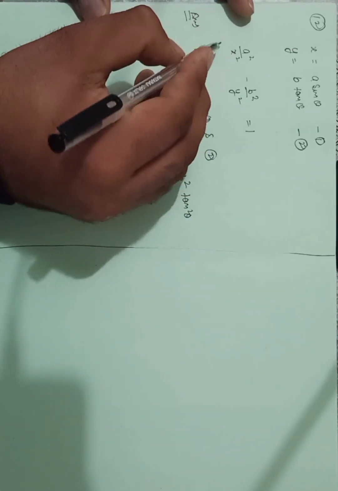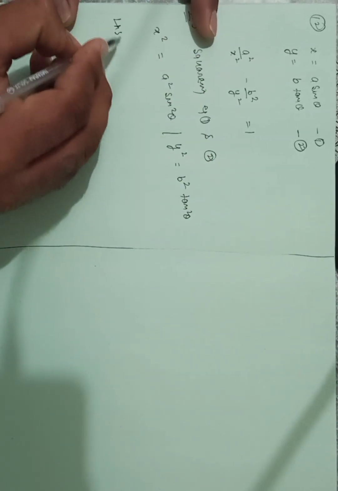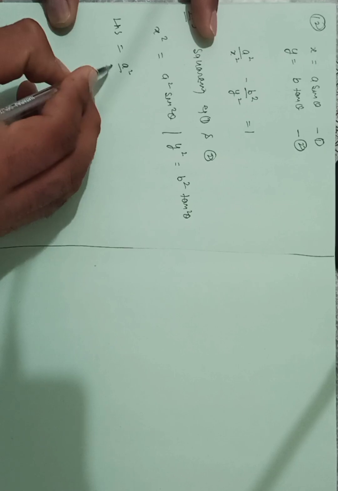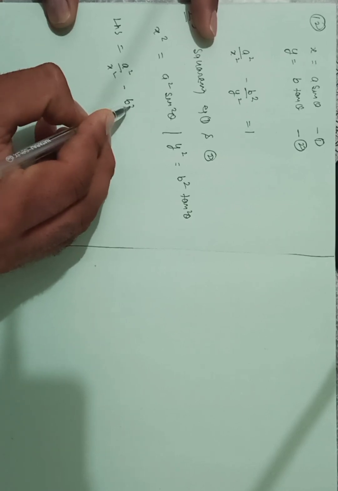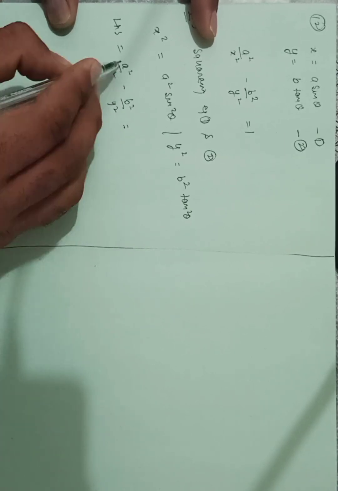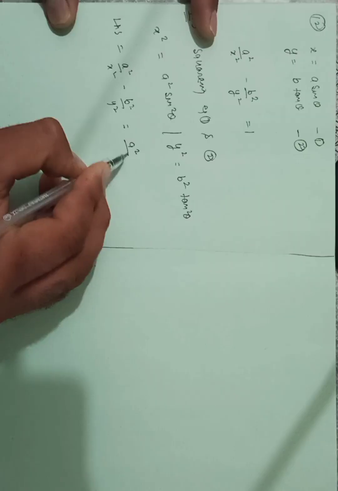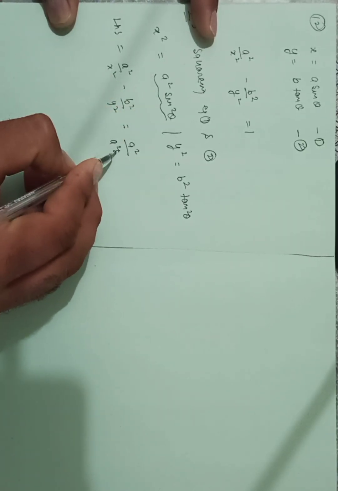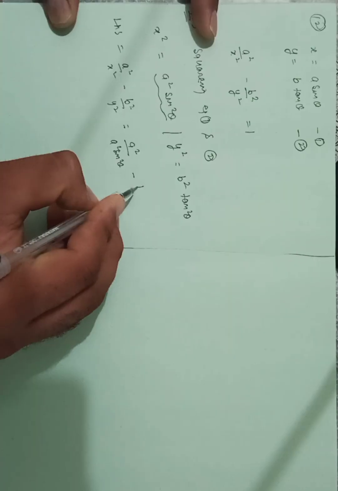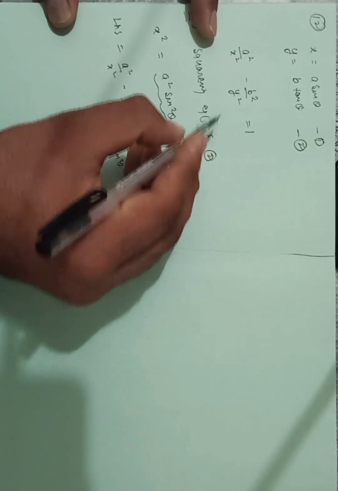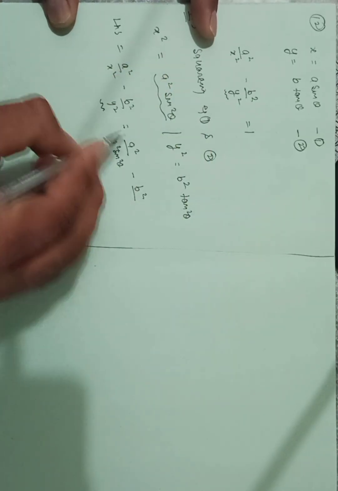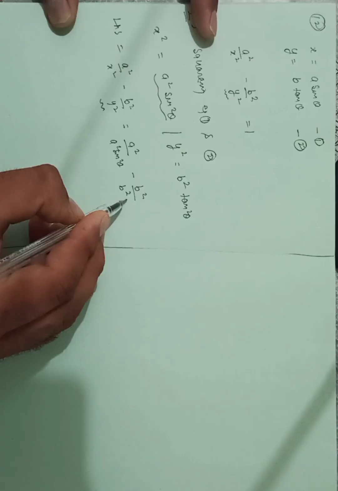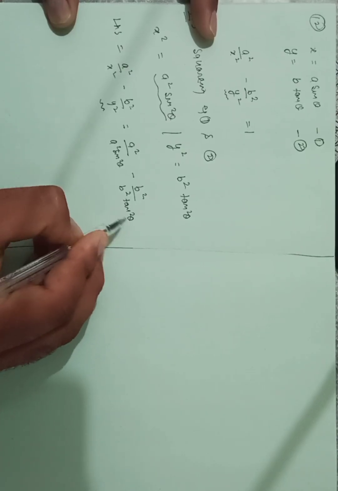Now taking the left hand side, we have a square upon x square minus b square upon y square. Instead of x square I'll use a square sine square theta, minus b square upon, instead of y square, b square tan square theta.